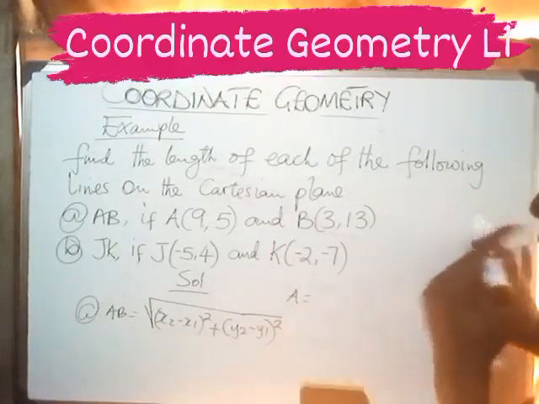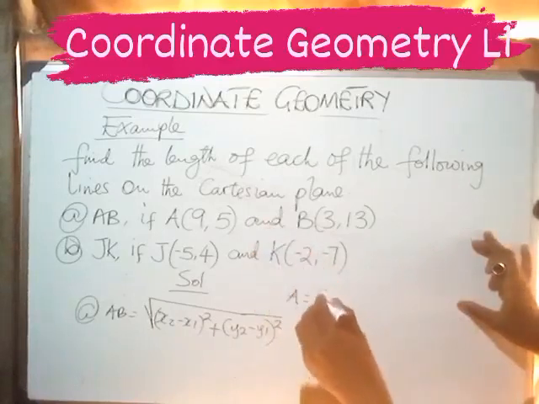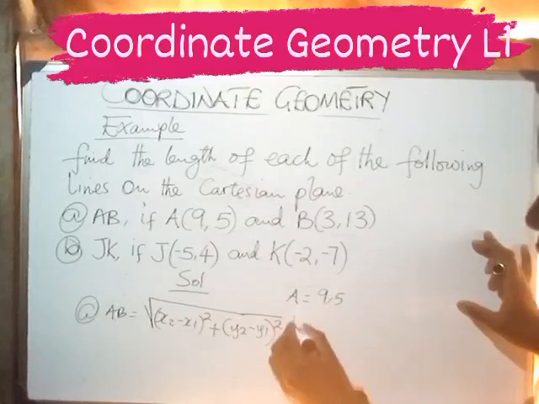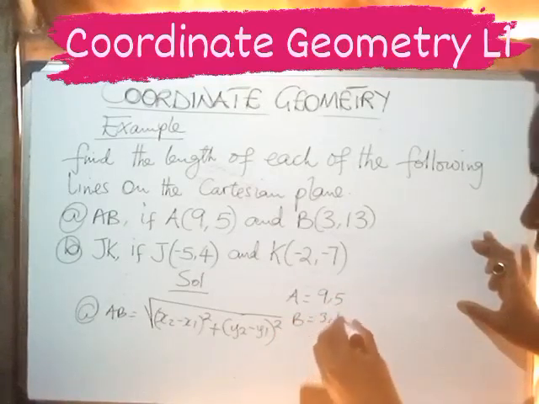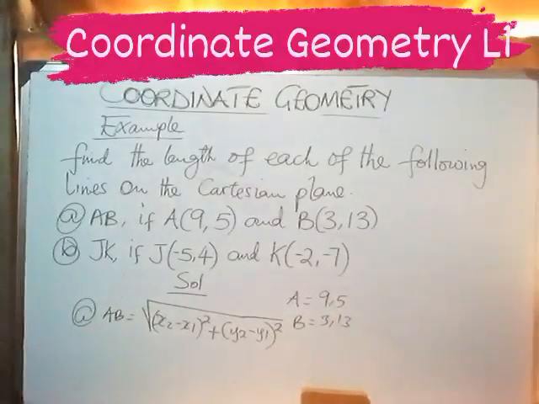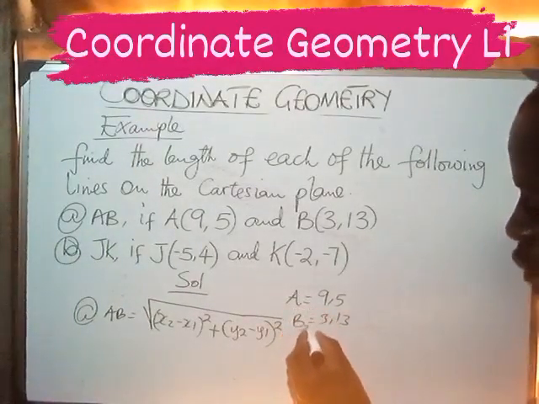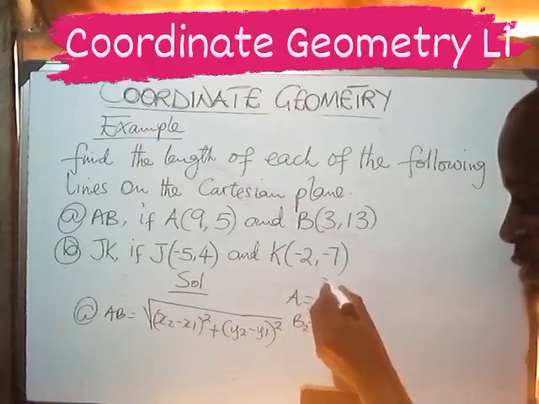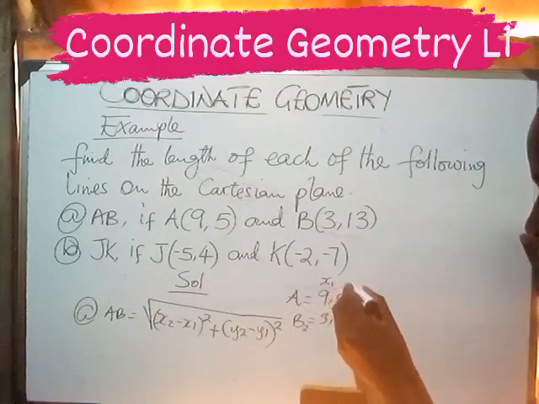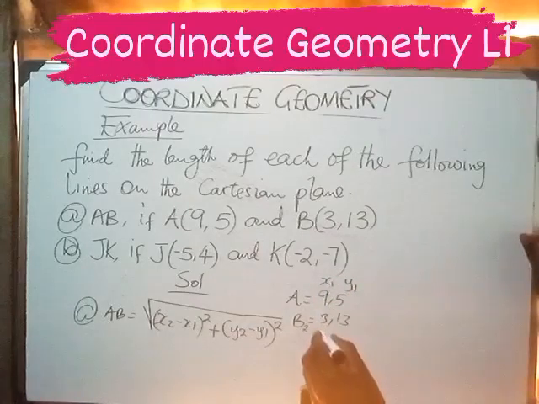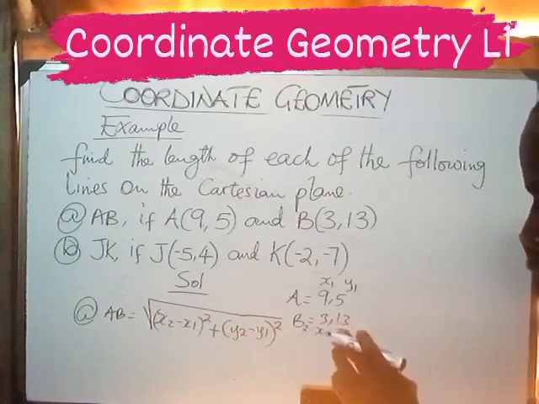The coordinate for A is 9,5, and the coordinate of B is 3,13. Let's say our A is our 1, this one is our 2. Meaning there on 9 we are going to have x1, on 5 we are going to have y1. Then this one we are going to have x2, there we are going to have our y2.